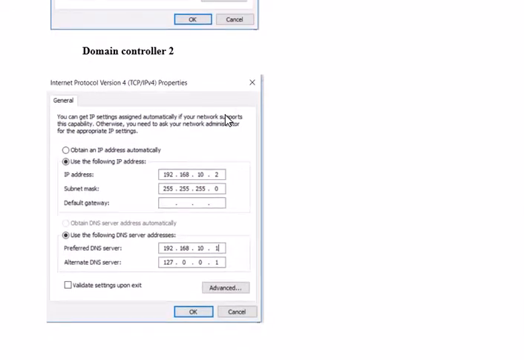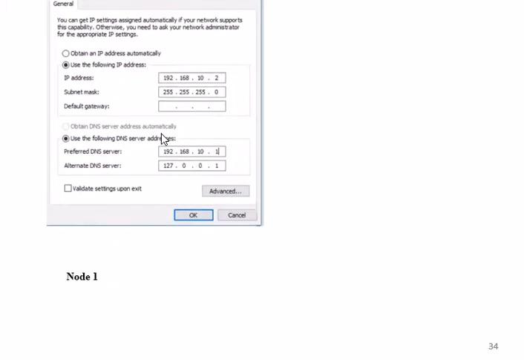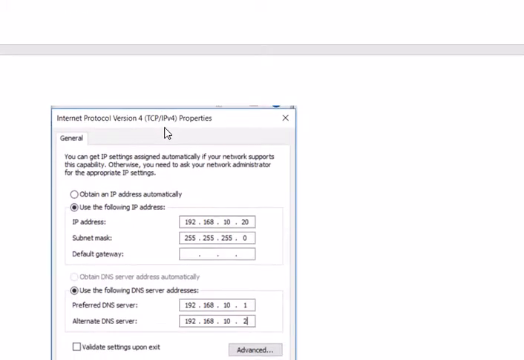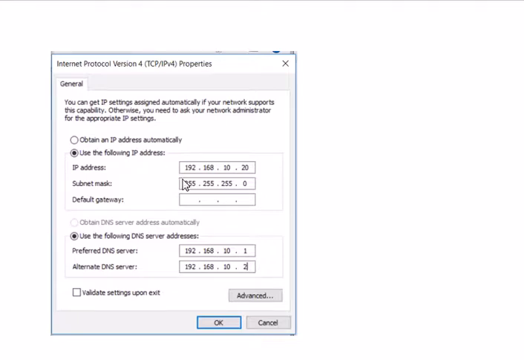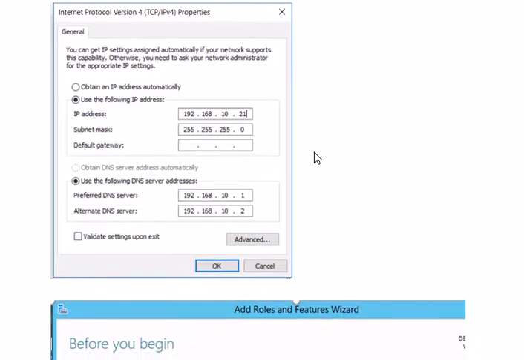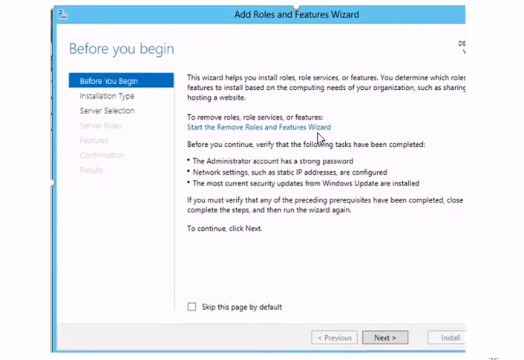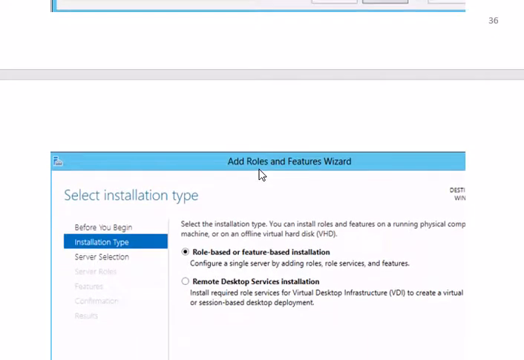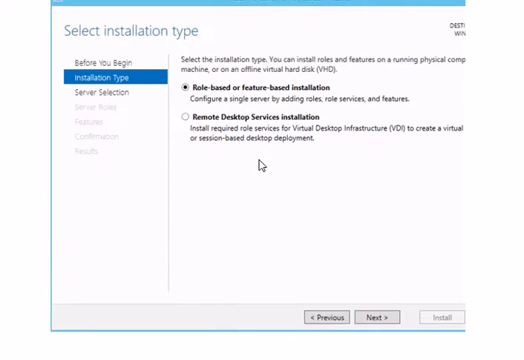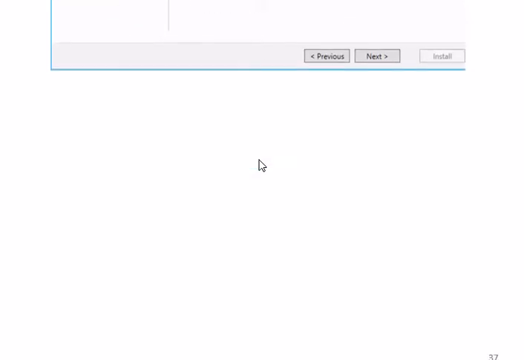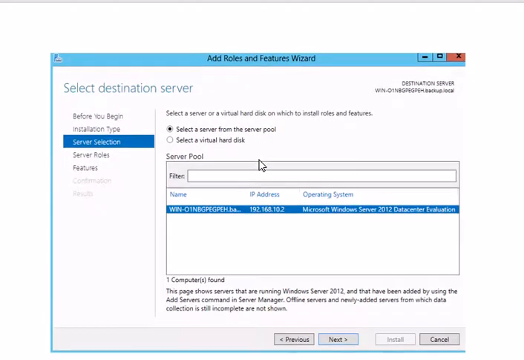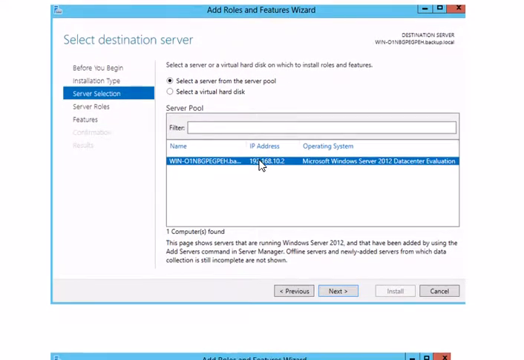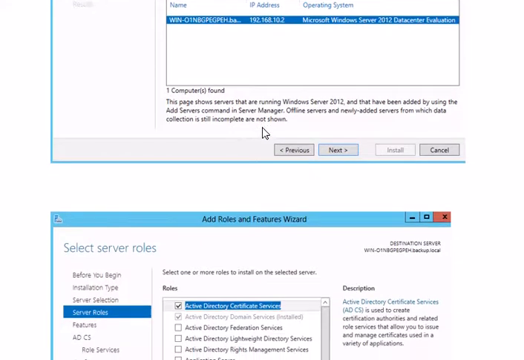This is domain controller 2, and this is node 1. We set the IPs of all of them. This is the role based installation, as you can see in the screenshots.